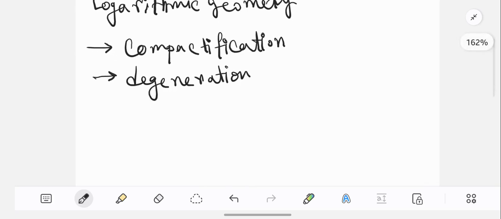So one of the key aspects of algebraic geometry is that it is essentially global in nature. Now, what I mean by that is that varieties can be compactified.